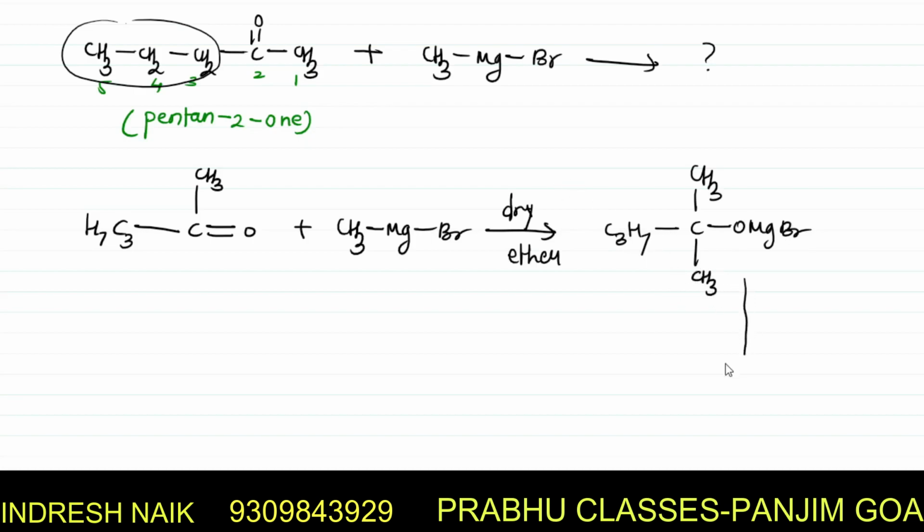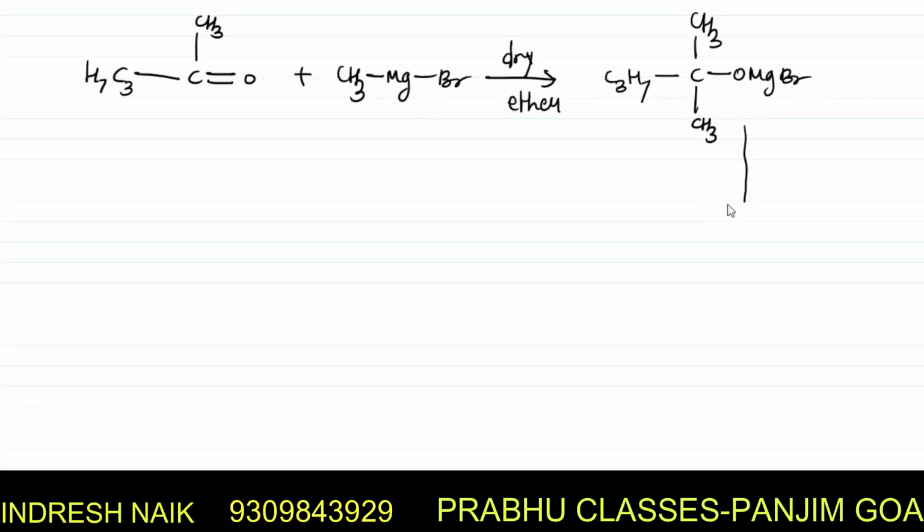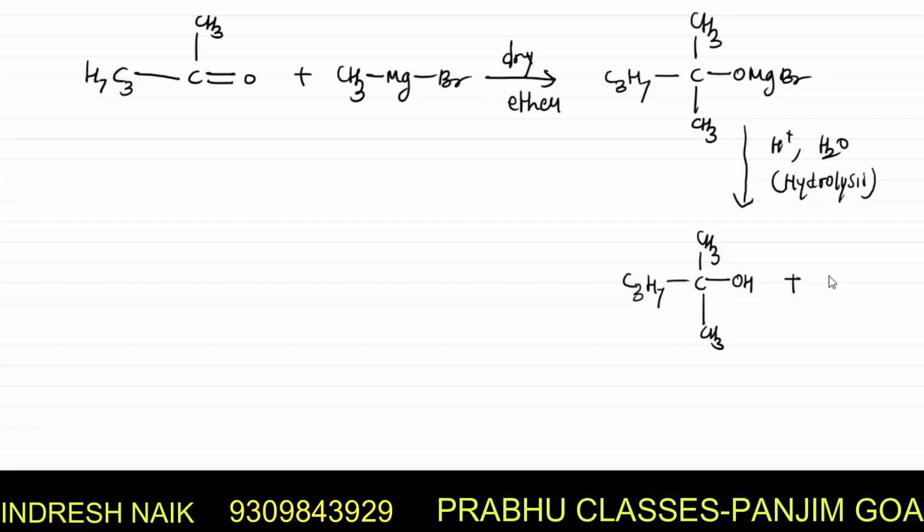Further, if you do the hydrolysis, that is H plus water, this process is called hydrolysis. What you get is C3H7, CH3, CH3 and OH plus Mg(OH)Br.